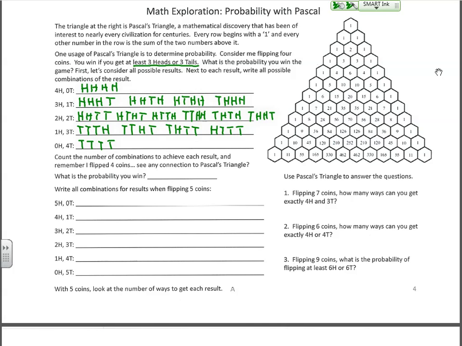Anyone see where I'm going with this? Yeah. What is it? Gabby? It goes from 1 possibility to 4 possibilities to 6, and then 4, and then 1 again. Where do you see that very thing in Pascal's triangle?